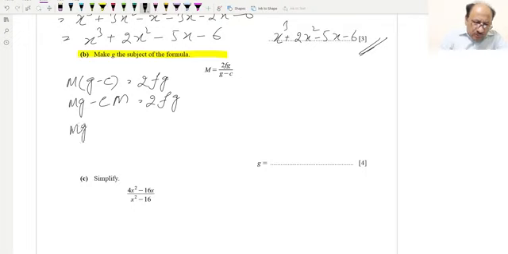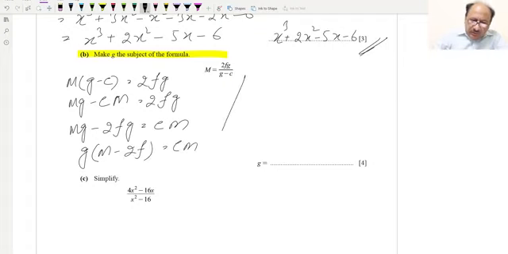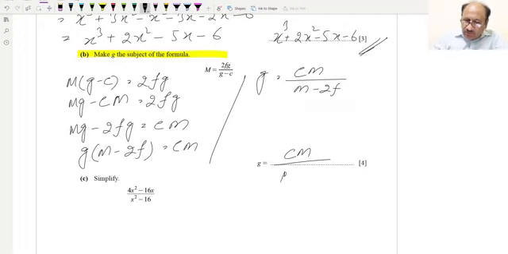So MG minus 2FG is equal to CM, and now we can take G common, and inside will be M minus 2F is equal to CM, and further we can shift this M minus 2F to the other side. So G will be equal to CM over M minus 2F, and this will be our final answer. This is a 4-mark question.